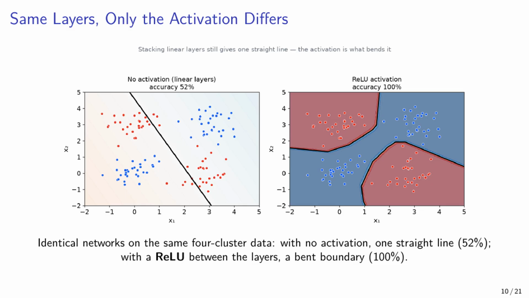On the right, the very same network, with a ReLU between its layers, bends the boundary around the clusters and reaches 100%, same depth. The activation is the entire difference.